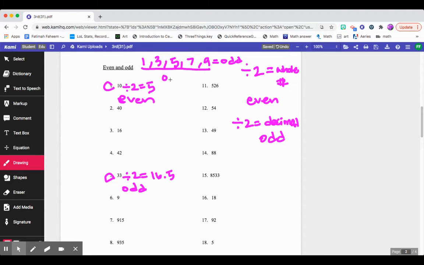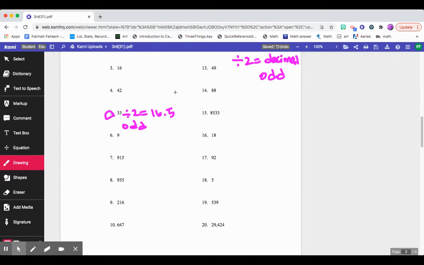And if it ends with 0, 2, 4, 6, 8, that's gonna be an even number. Just memorize that like that.